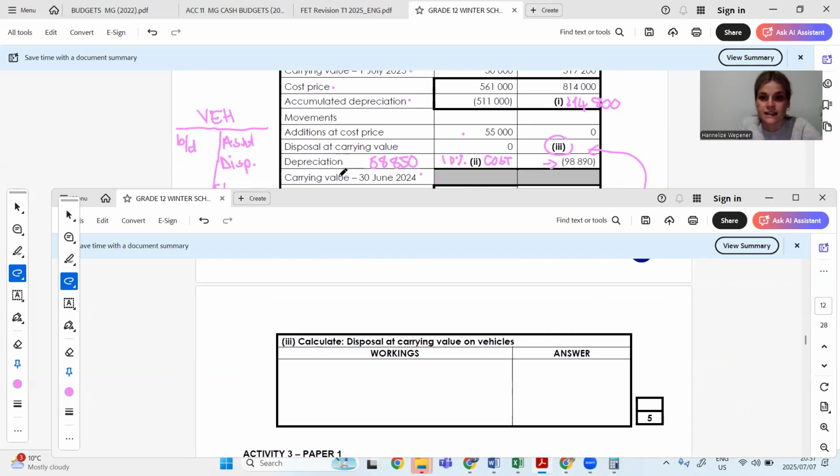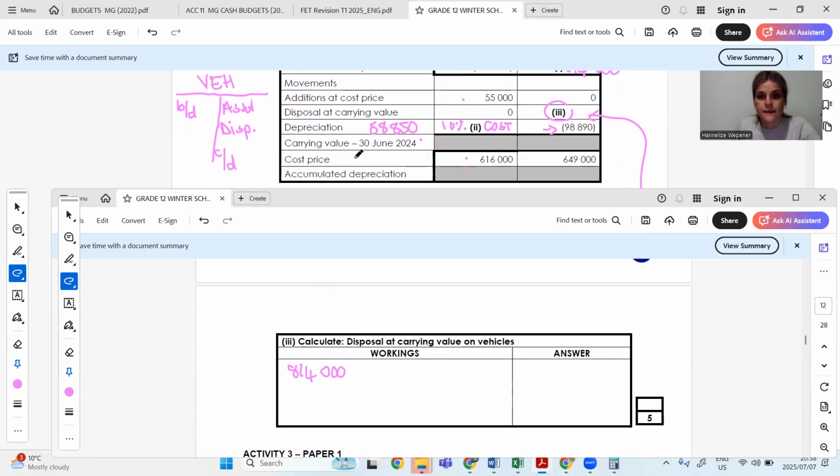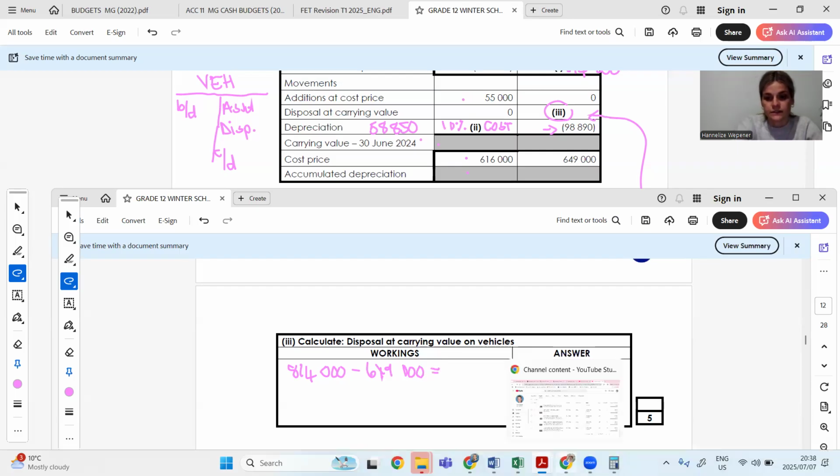Therefore, to get to the cost of your disposal, we're going to say that that is our cost at the beginning of the year, 814,000 minus our year-end balance of 649. Okay. Right.